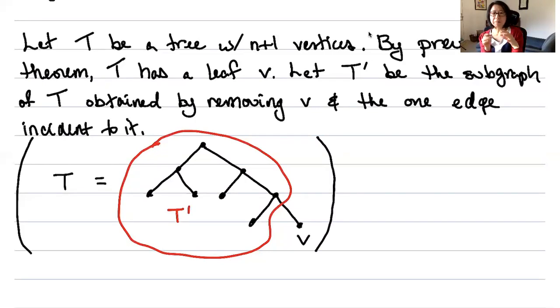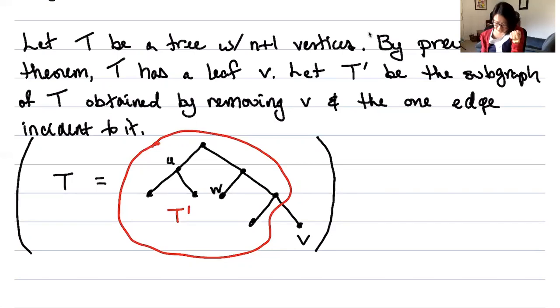First, when I remove that vertex v, I can't possibly disconnect the rest of my graph. Because if I take any two vertices u and w in the remaining graph T', in the original graph T there was a walk from u to w.